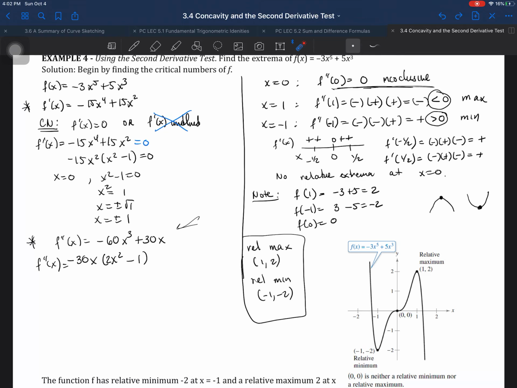So find the critical numbers, and then once you find the critical numbers, find the second derivative and test those critical numbers in it just by plugging them in, and check whether they're positive or negative. If your second derivative is positive, then that's a relative min. If it's negative, then you have a relative max.